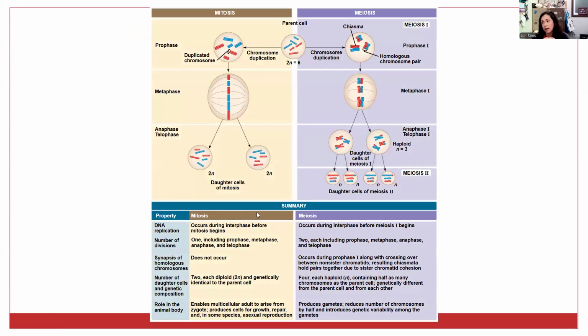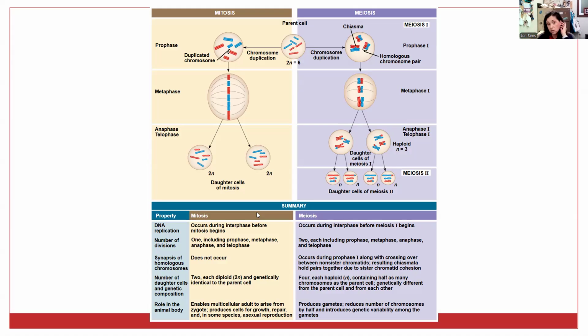Now, this is a nice diagram to help you look at the 2 types of cell division. Really look at mitosis versus meiosis. There are a lot of differences, but in prophase 1, look at how in meiosis crossing over is going to occur. And remember, meiosis is a double cell division. In mitosis, there's only 1 cell division, and in that one, just sisters separate.